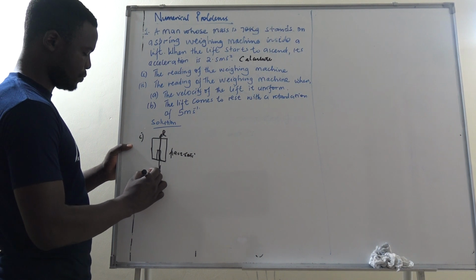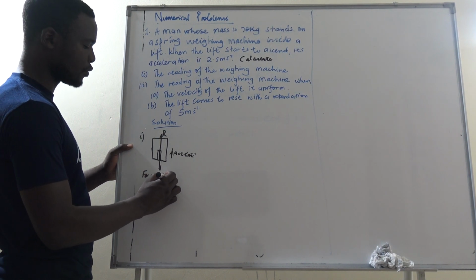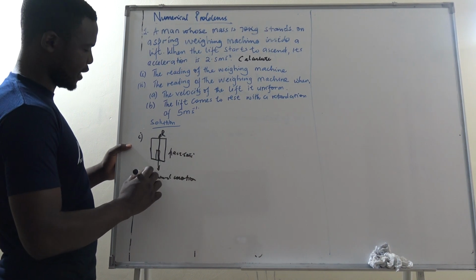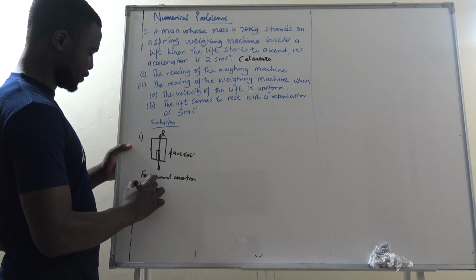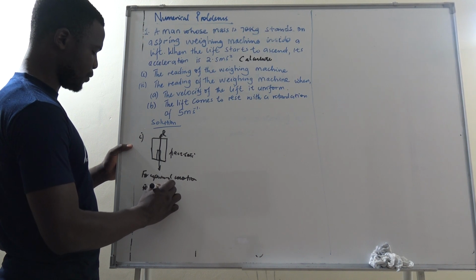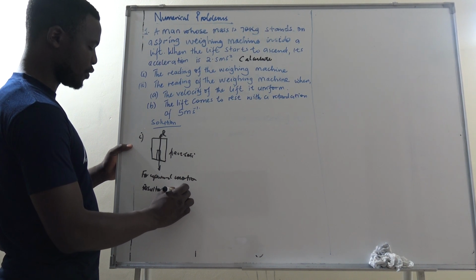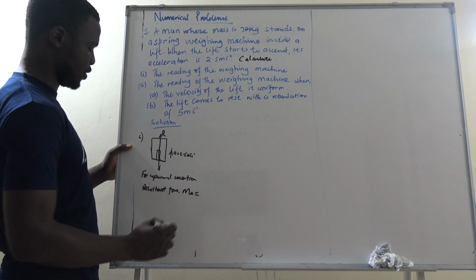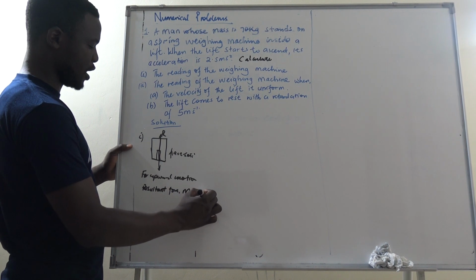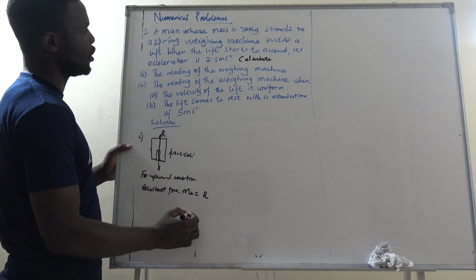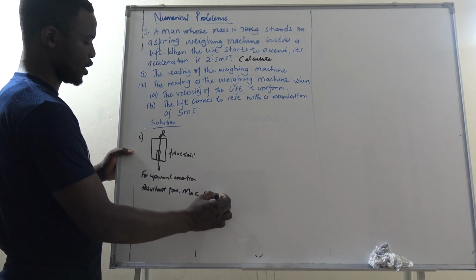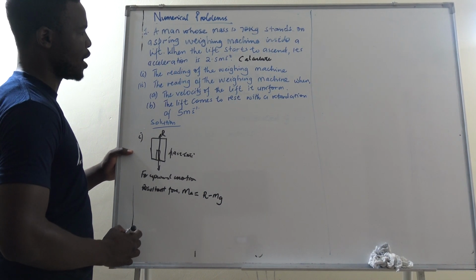For upward motion, the resultant force or the net upward force, which we call ma in line with Newton's second law, is equal to R, which is the tension in the spring, minus the weight of the man.